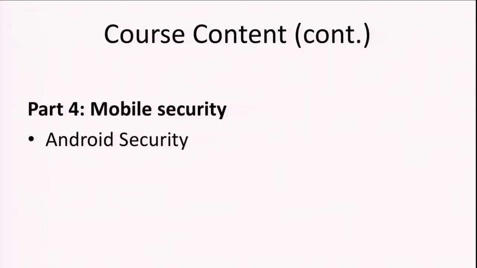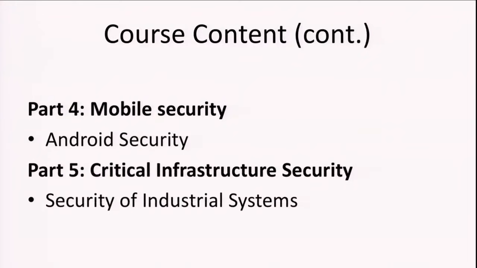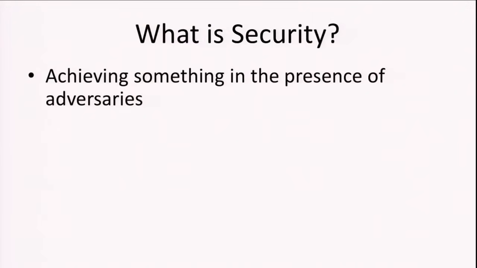We'll talk about that, but since this is a limited time course, we will not get into too much detail. And finally, as time permits, we'll talk about infrastructure security, like power system and manufacturing system security, so security of industrial systems. That's the main content.